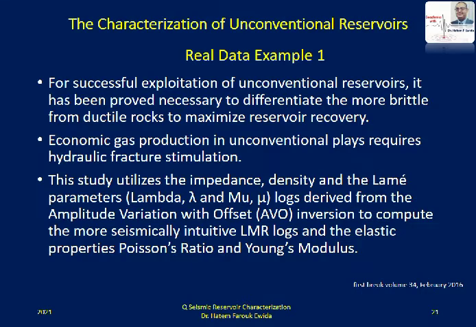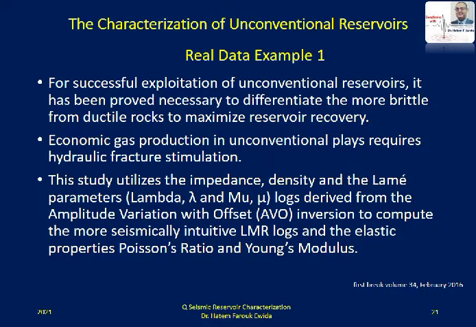For successful exploitation of unconventional reservoirs, it has proved necessary to differentiate the more brittle from the ductile rocks to maximize reservoir recovery. Because the brittle rock, you can fracture it more than the ductile.